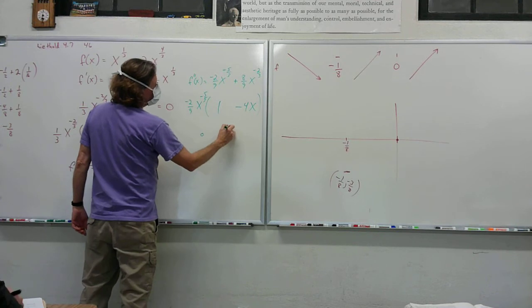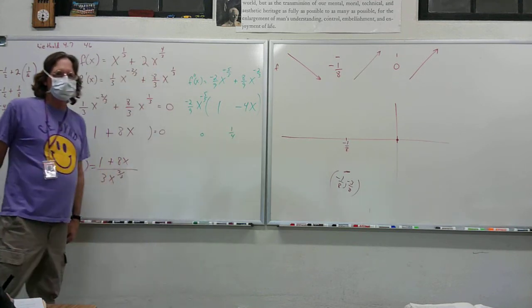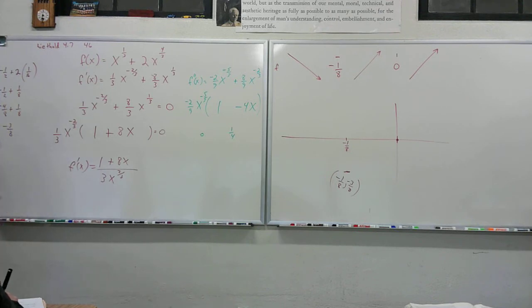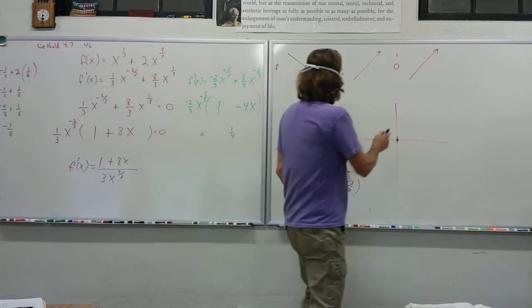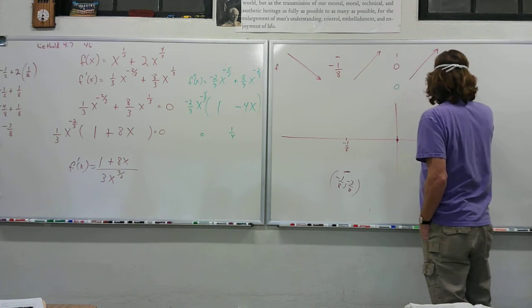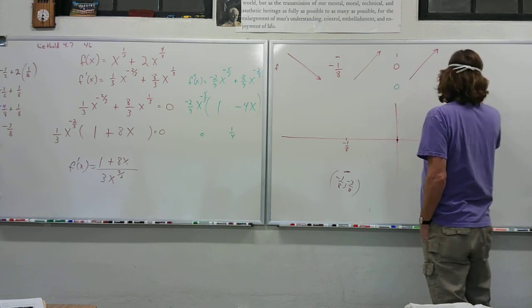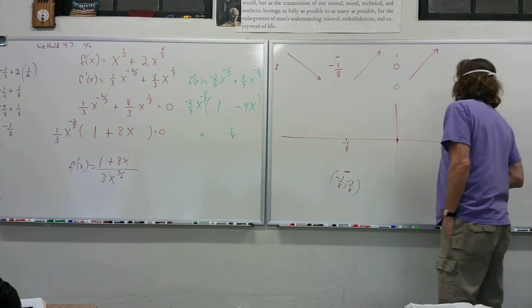This one is what? 1/4. Okay, so those are our important numbers from our second derivative. They're not called critical numbers. Now, to make life good, we're going to put one of them right here. And we're going to put the other 1/4 out here, which is actually further out than this.